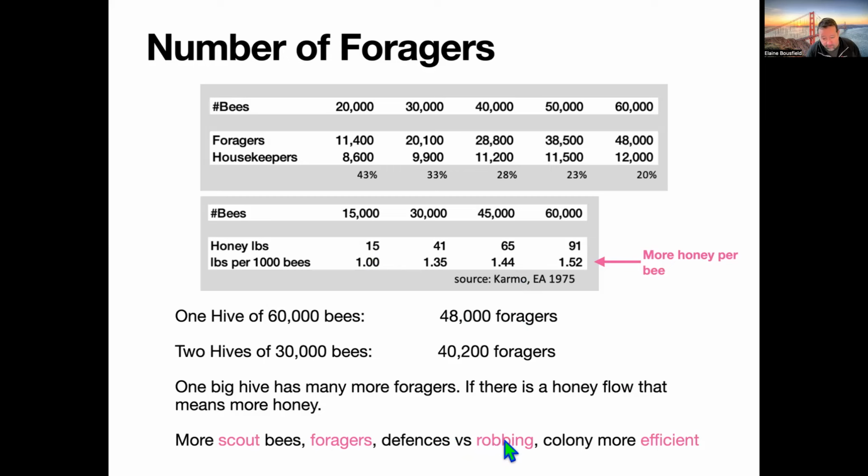The small colony might well be robbed by the big colony, but not the other way around. Plus, there's something about the scale and the efficiency. It's a bit like how many builders are building a house. One builder might take a very long time, whereas 3 builders could do it a lot quicker. There's something about the number of bees being greater that allows them to be more efficient and more productive.